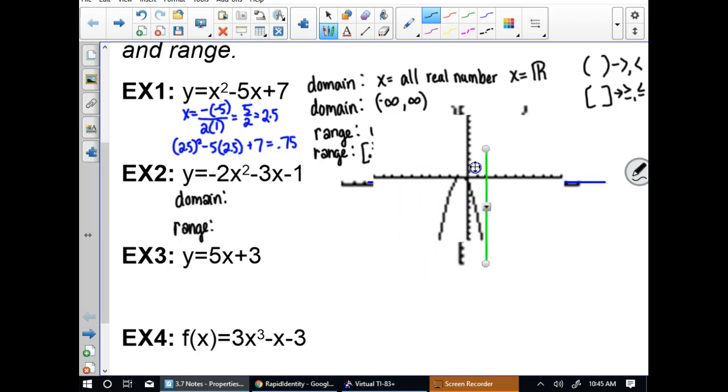So that keeps on going. So x values, I could have any x value, all right? I'll give you a hint. If you have a quadratic, its domain is always x equals all real numbers. Or if you're using interval notation, negative infinity to infinity.